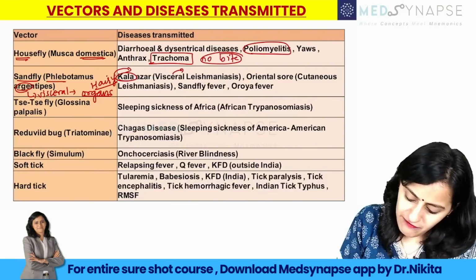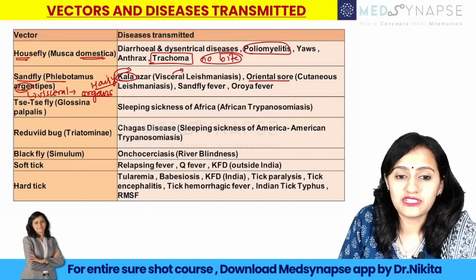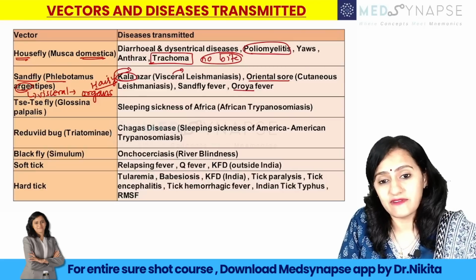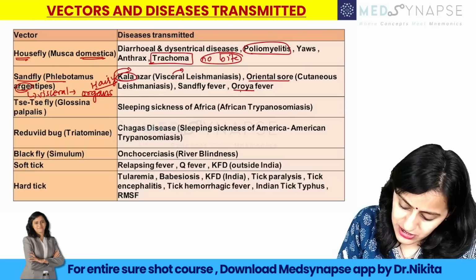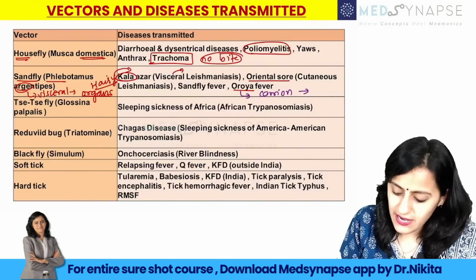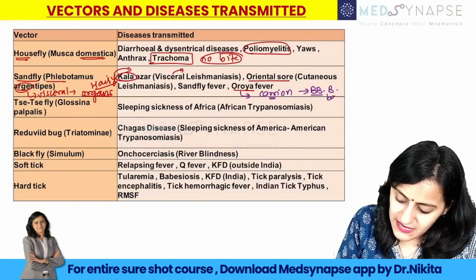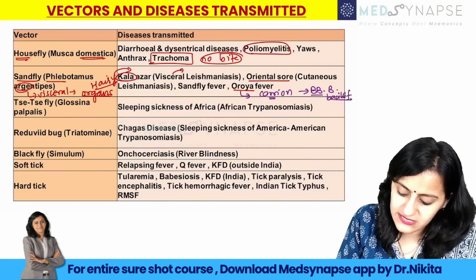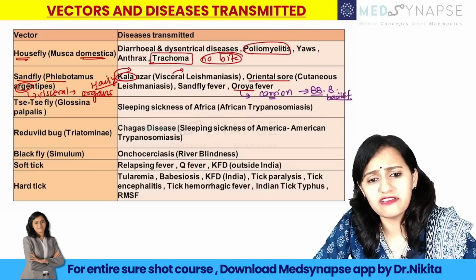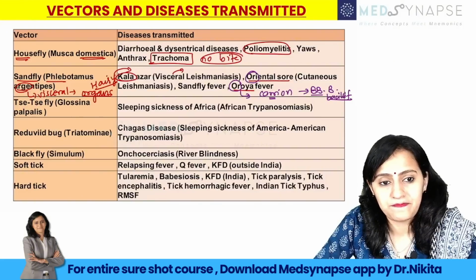Okay, then Phlebotomus can also cause oriental sore, that is cutaneous leishmaniasis, or there is Oroya fever as well. We have seen that in the rickettsial diseases, Oroya fever. Bartonella bacilliformis is what causes this Oroya fever. Okay, so Oroya fever, oriental sore, all of that is sandfly.